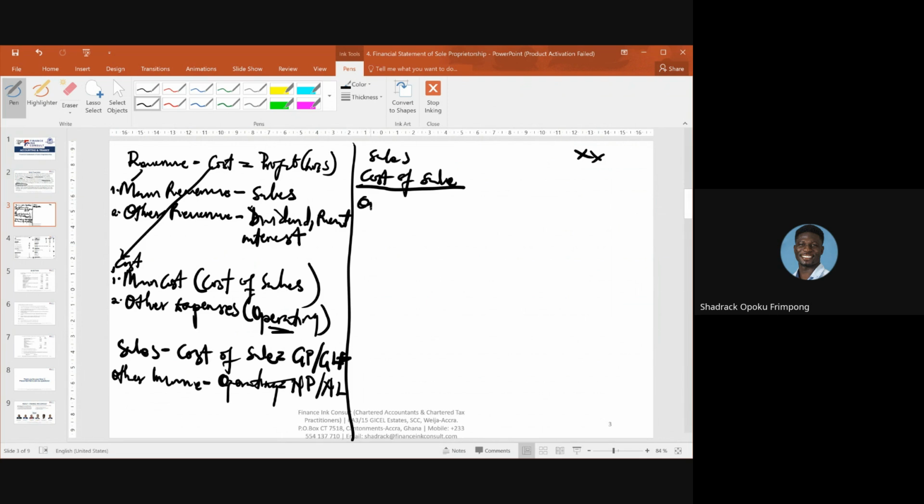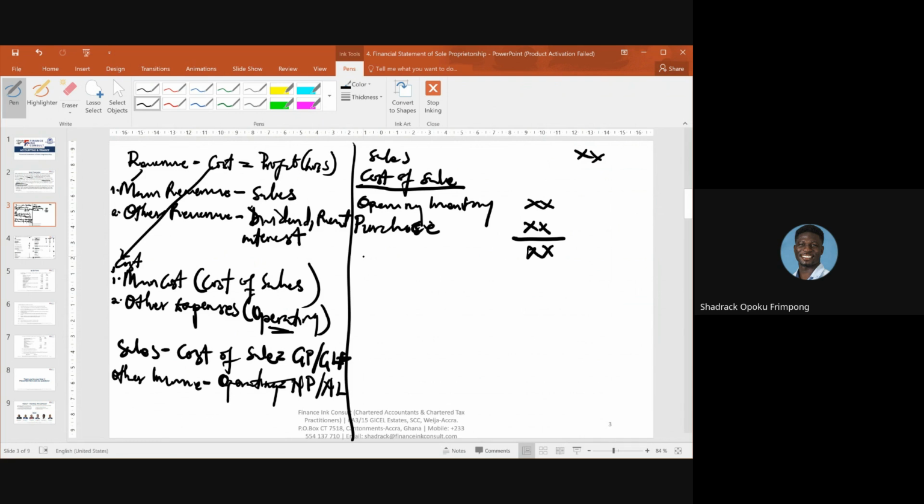Opening inventory. So the cost of an inventory. Then after we are done selling whatever we have in our shop, that is where we go ahead to do what? To purchase from our supplier. So what we had plus what we purchased.